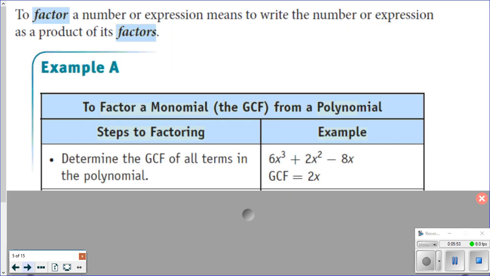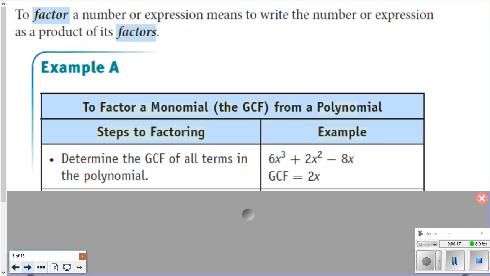So, on the top of page 386, we see example A. And the My Notes section of your book says, to factor a number or an expression means to write the number or the expression as a product of its factors.